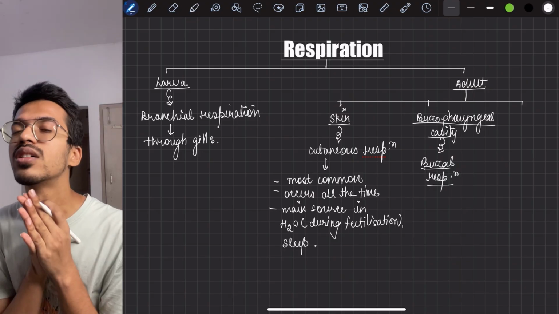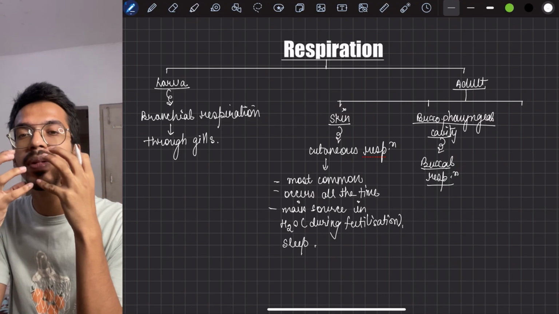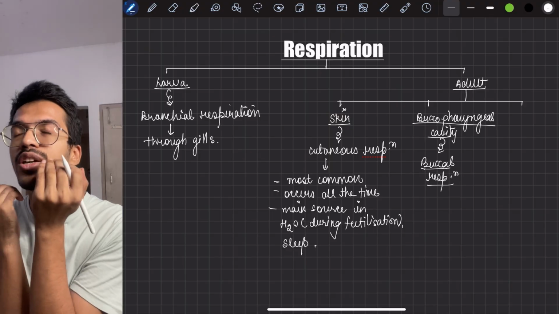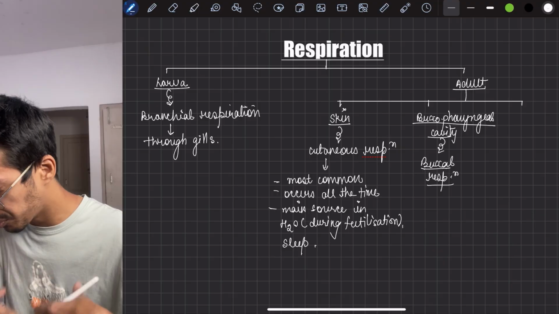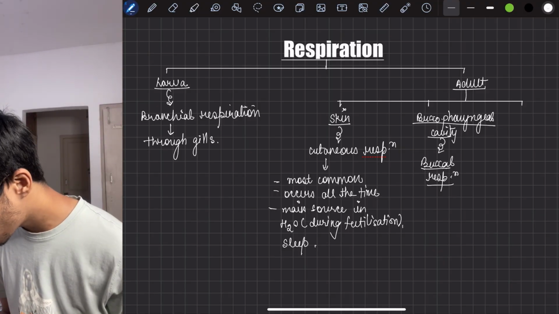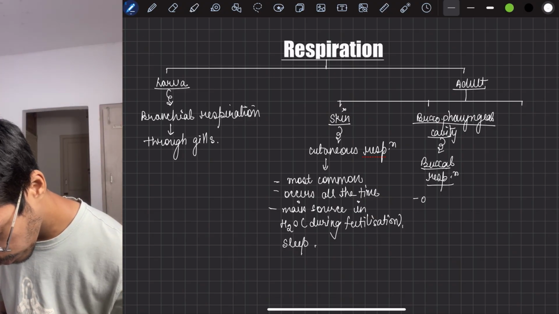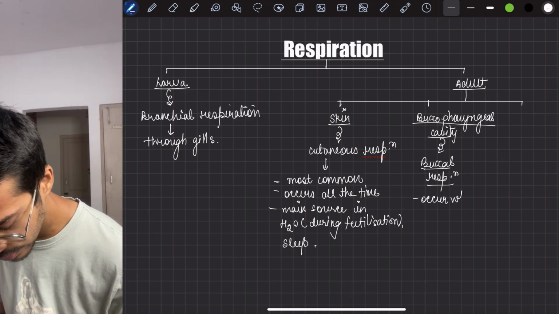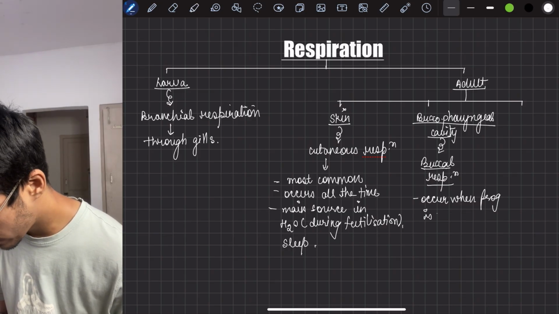The nostrils are joined with certain muscles whose contraction and opening help in increasing or decreasing the pressure, and the air will go in or out. It occurs when the frog is on land.